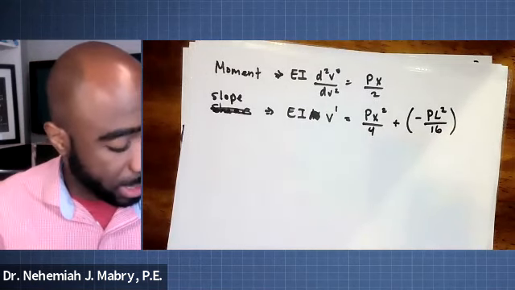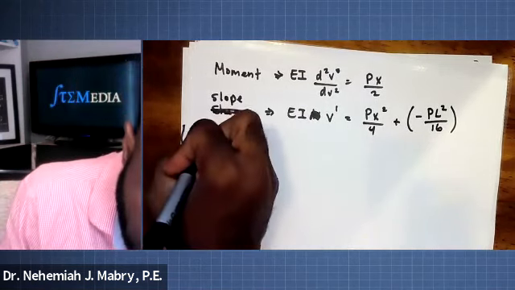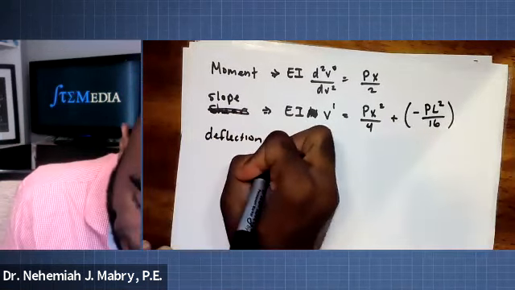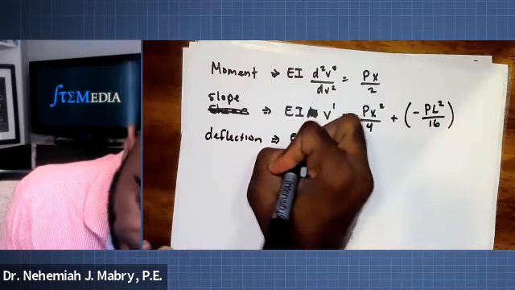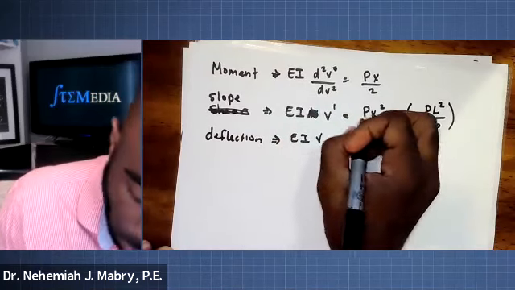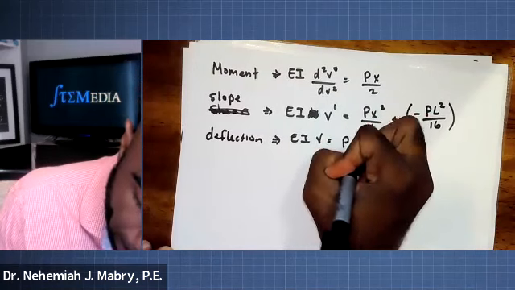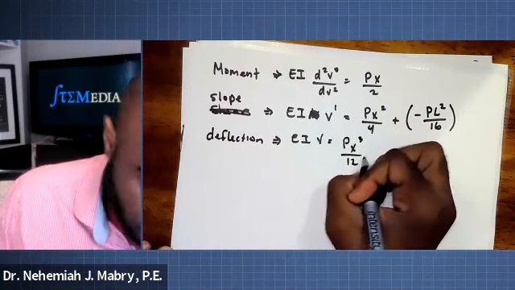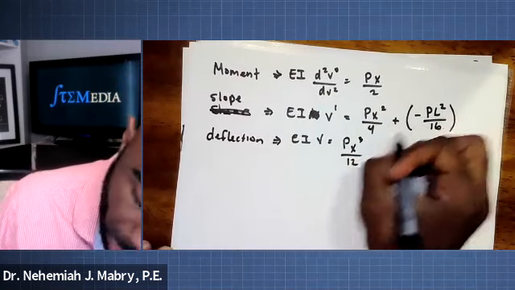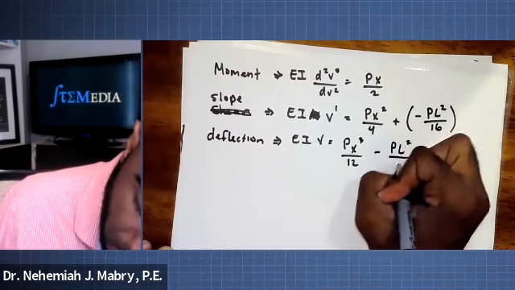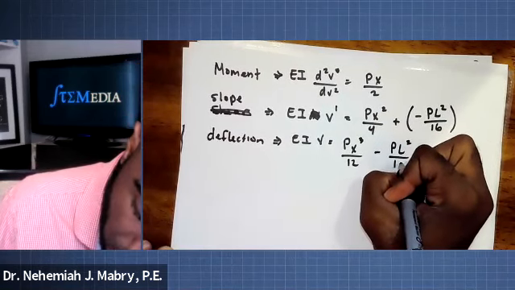And then the deflection equation is EI V is equal to Px to the third over 12. I'll go ahead and just write it as a minus PL over 16.